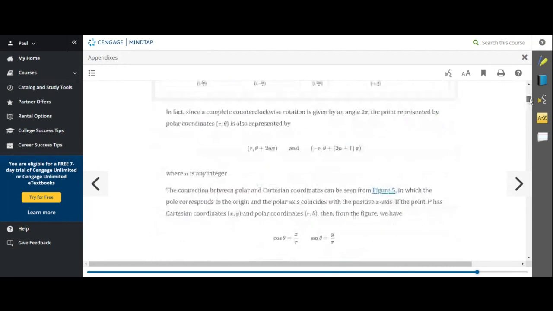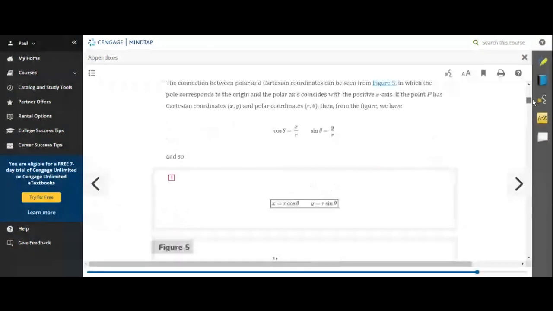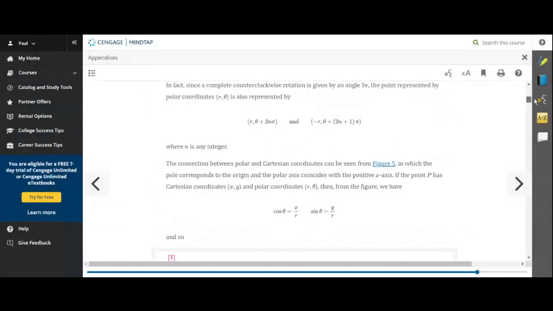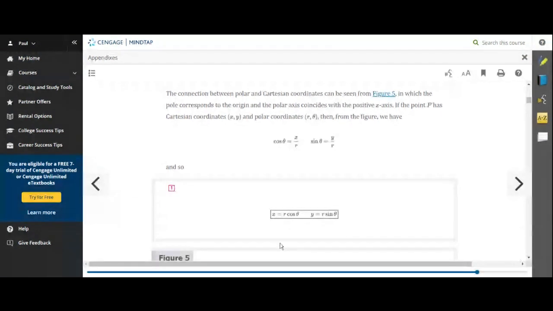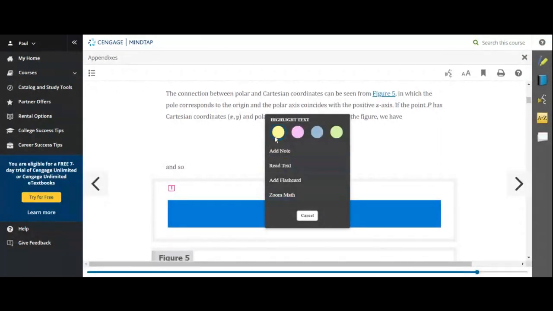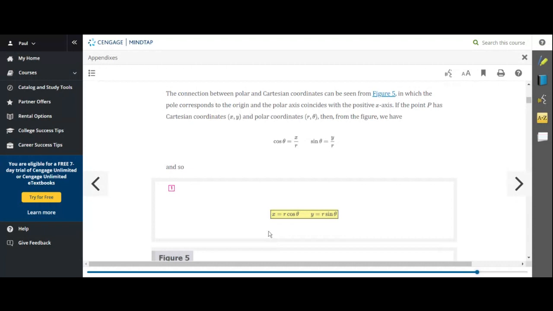So with polar coordinates, just like in trigonometry, you know that the cosine of theta is x over r, and the sine of theta is y over r. And so you have your standard equations, x equals r cosine theta, and y equals r sine theta.